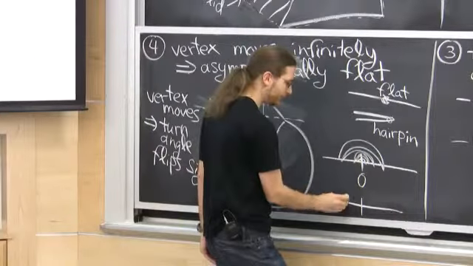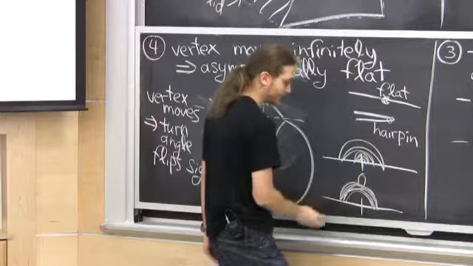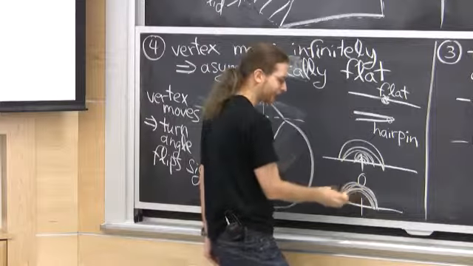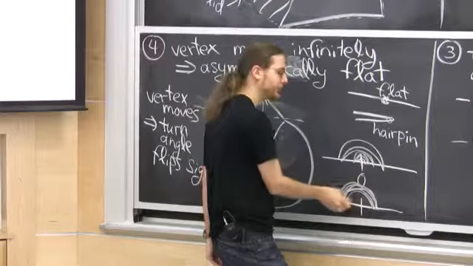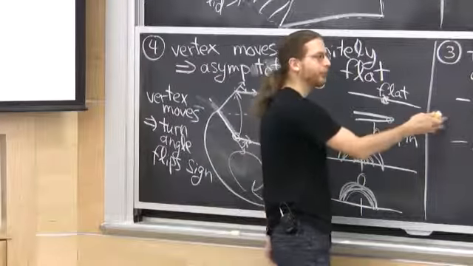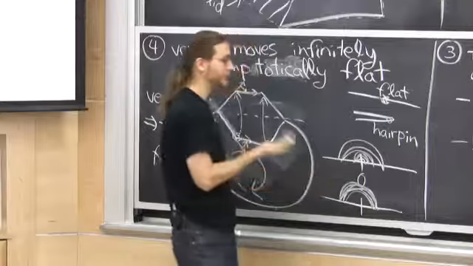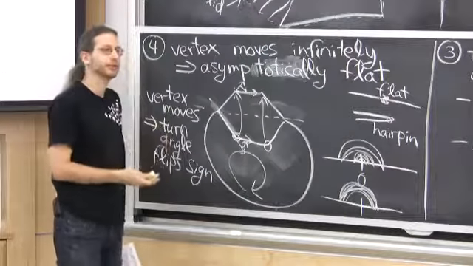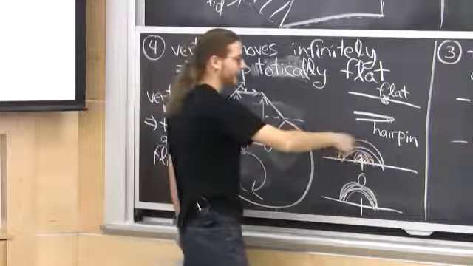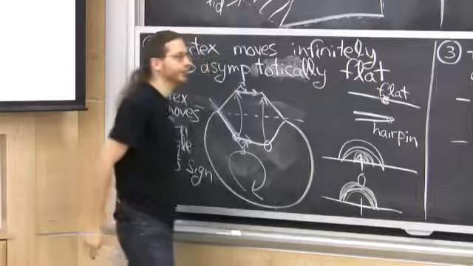If you tried to converge to something else like this, that's a problem, because if you're going to converge to something other than 0, you're going to have to converge to two different things at once. You're going to have to bounce back and forth. But we already know that's not possible. There's a unique thing you have to approach, not two. And so because you change signs, that thing has to be 0. So if you flip infinitely many times, if you have an infinite number of these edges, you've got to approach 0, which means in the limit, that vertex is flat.